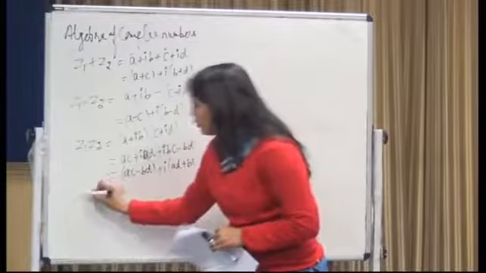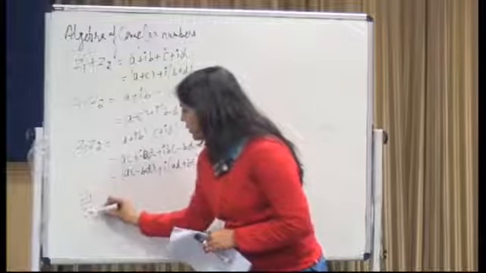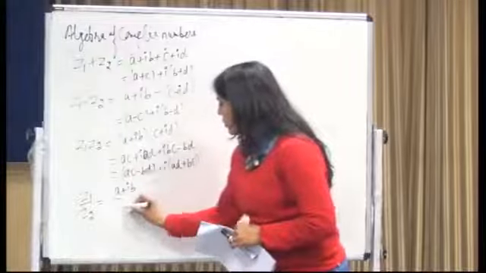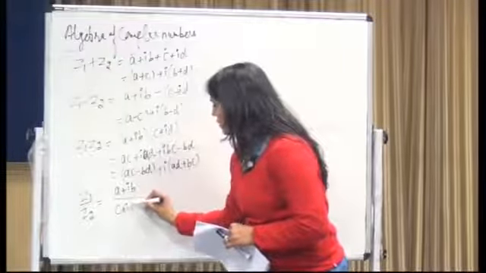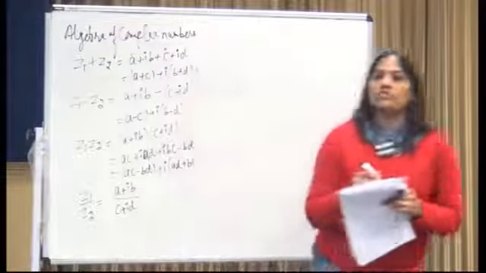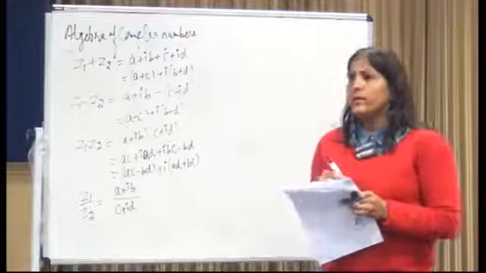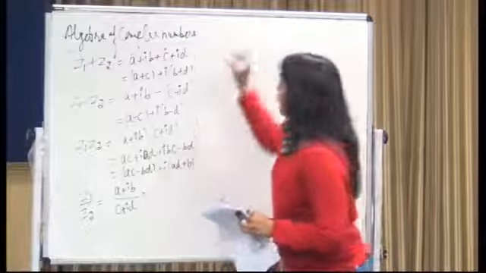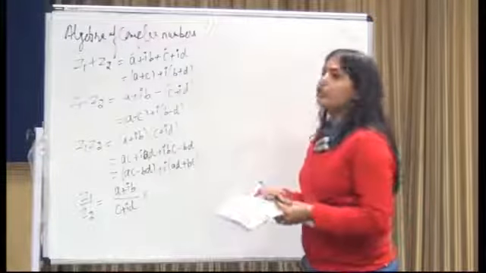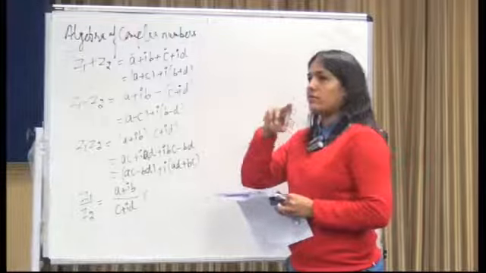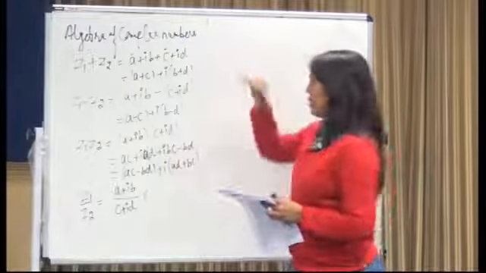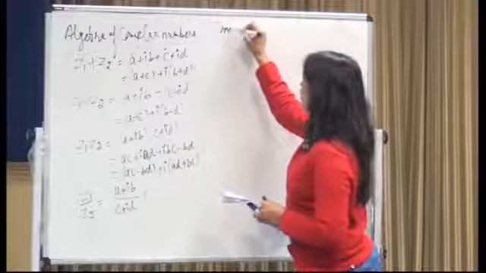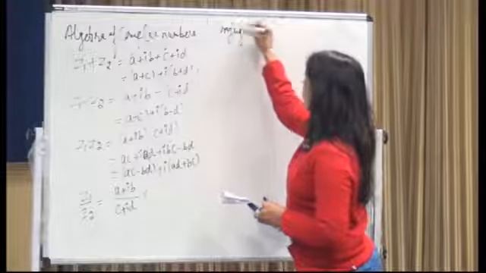How do we divide two complex numbers? This is an important one. Let z1 be a plus iota b and z2 be c plus iota d. If we have division and we have iota in the denominator, now what we always do, we take the... no, here we don't say rationalize, that term is totally different, that is for real numbers. So I just want to tell you the conjugate of a complex number.